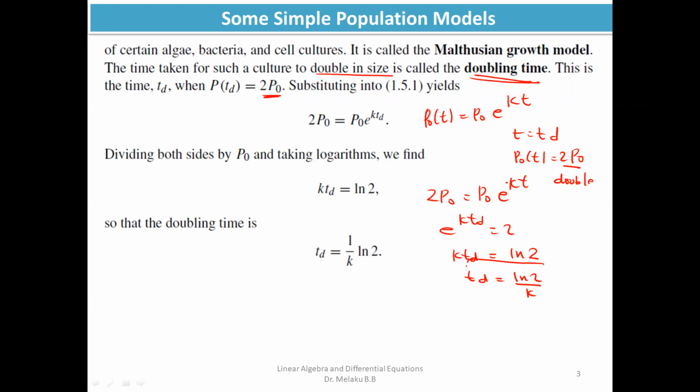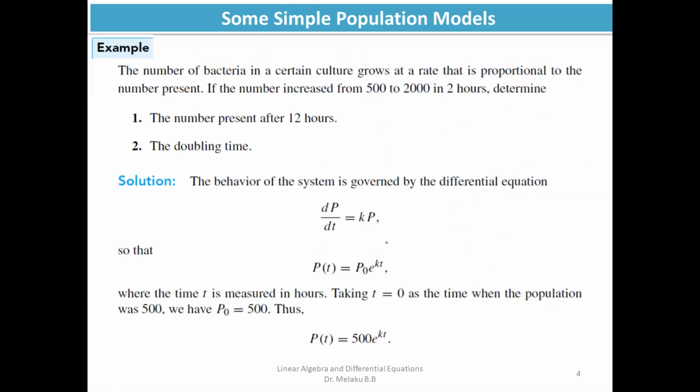This is the doubling time. T_D is 1 over k times ln of 2. This is how to find the doubling time, that is the time in which the size of the population doubles.